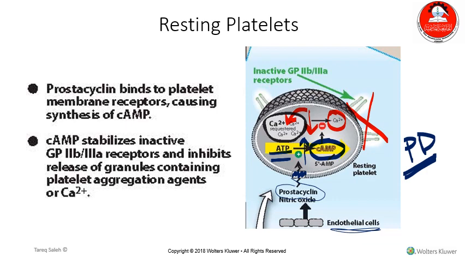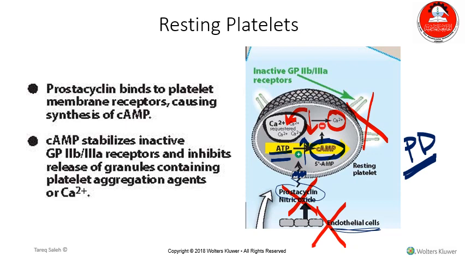Now, in case of vessel damage, if the endothelium is damaged by physical trauma like a cut wound, the endothelial cells will synthesize less prostacyclin, which means that there will be less prostacyclin available to bind to the prostacyclin receptor on the resting platelet.